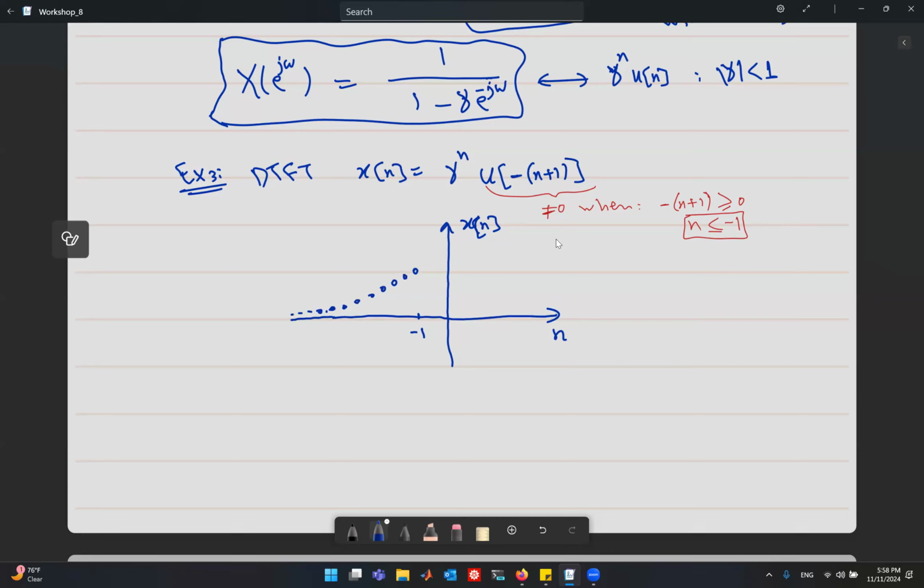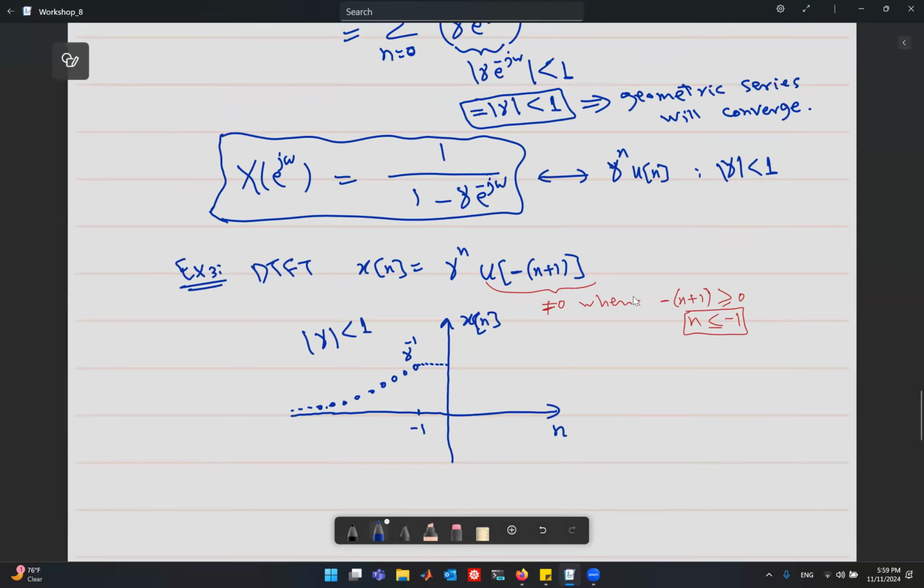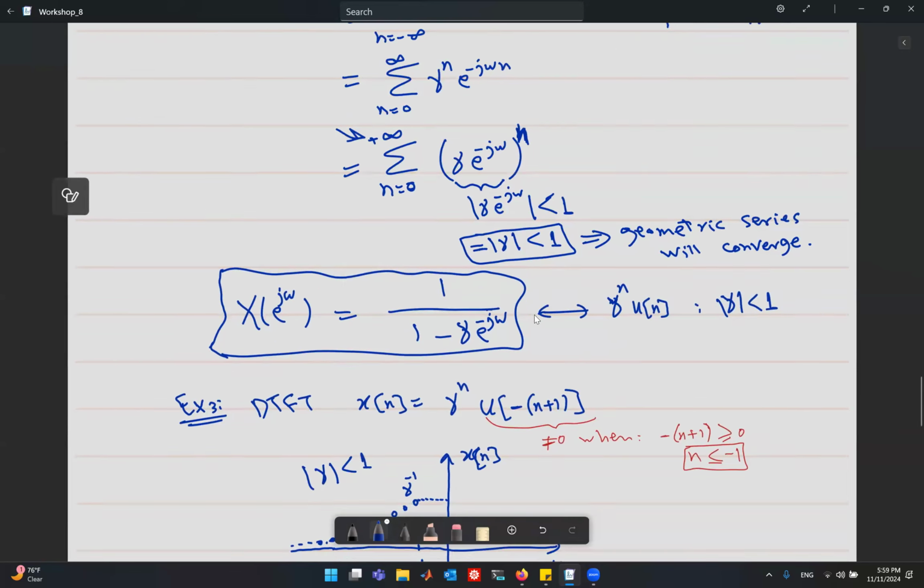And the value of this one is gamma at -1, and so on. And here we are assuming that the magnitude of gamma is less than 1. So it decays, and at the end, when we get a geometric series, it will converge.